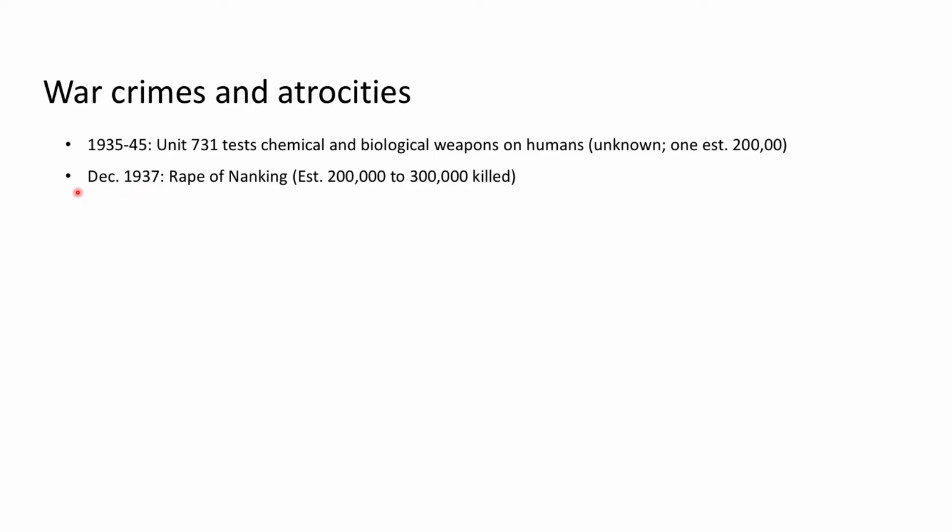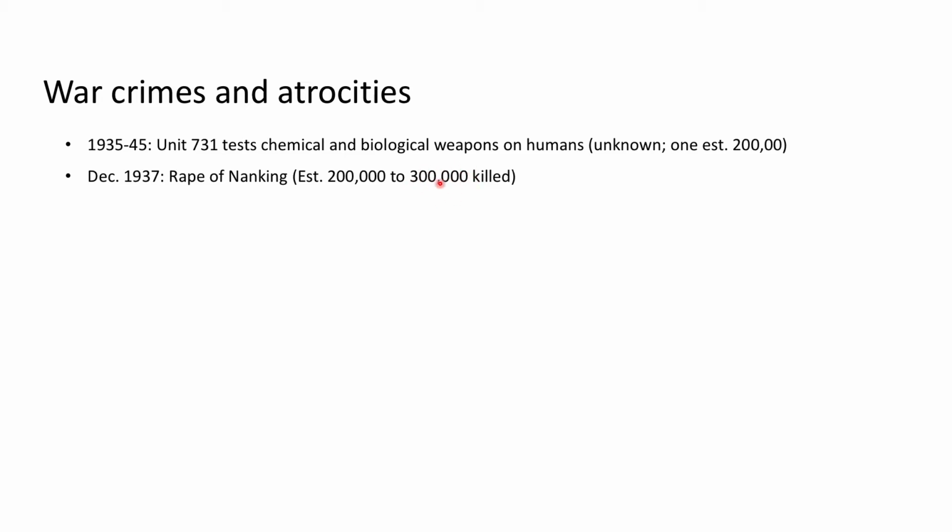In December 1937, the Japanese military, during the Battle of Nanking, went on a 6-week rampage of looting, murder, and rape. And this is referred to as the Rape of Nanking, or the Nanking Massacre now. It's estimated that between 200,000 and 300,000 were killed.